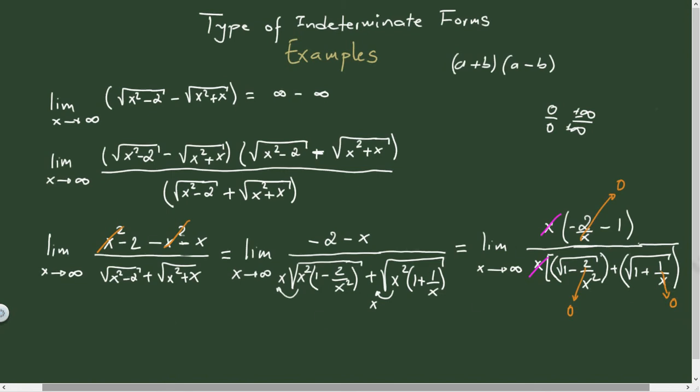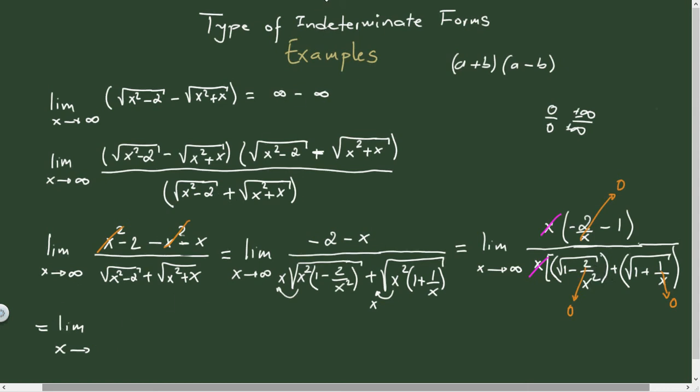So we still have the limit as x tends to infinity of minus 1, and no, I don't need a limit anymore because we don't have any x in it anymore.